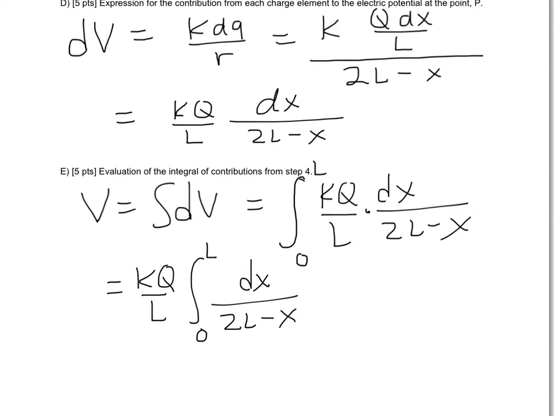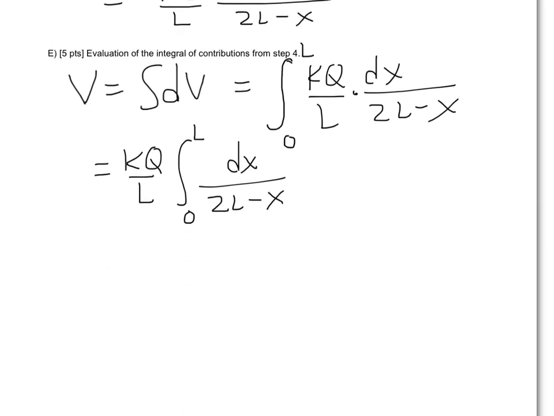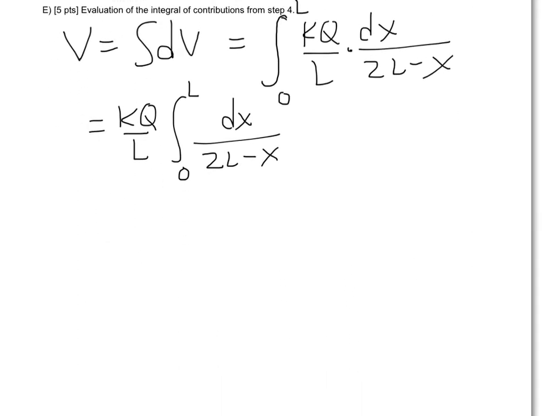Now, to perform this integral, there's a number of different ways you can do it. You can realize that this is just the integral of an inverse. So you know the integral of 1 over x would be log. To make it a little more obvious, you can use u substitution. You can define u as 2L minus x.